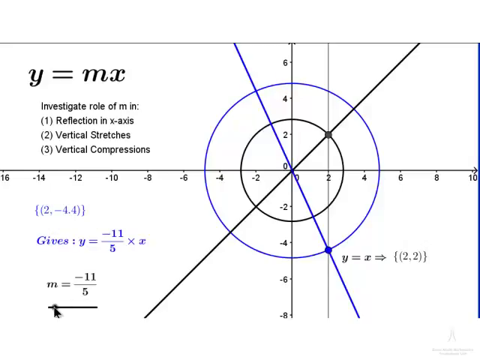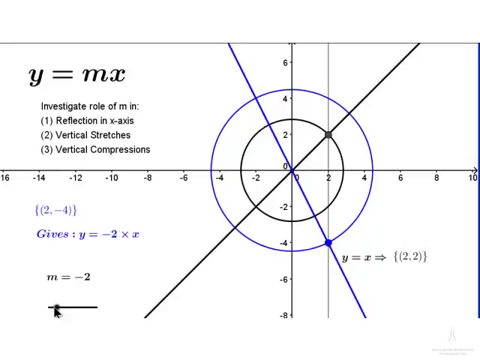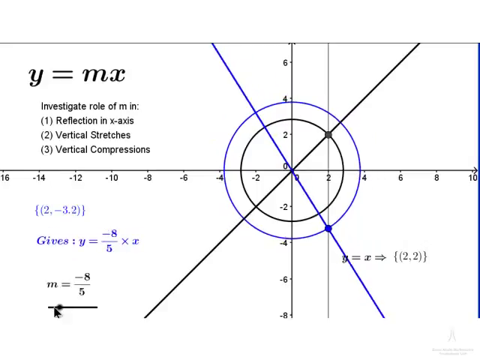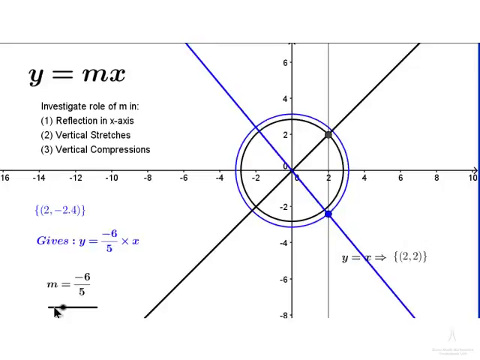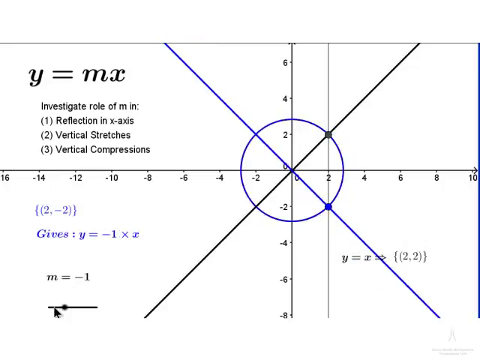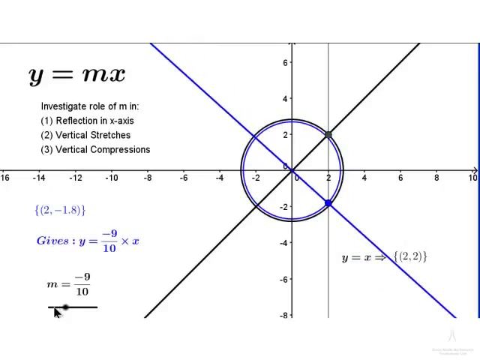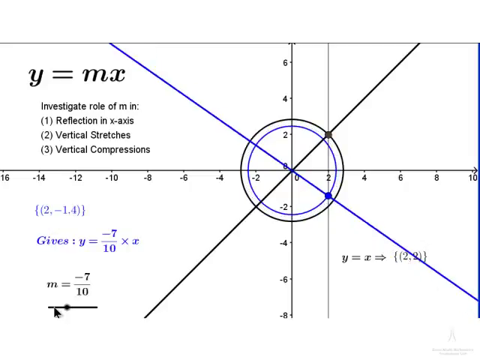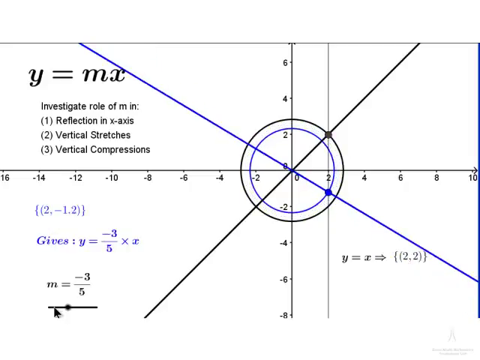While if I move back and there is the -1 again, we have discussed that. And now look at values where the absolute value is less than 1. So this is a combination of a reflection in the x-axis combined with a compression. Discuss this and see if you're comfortable with it.